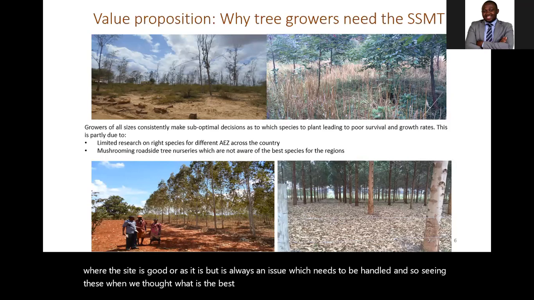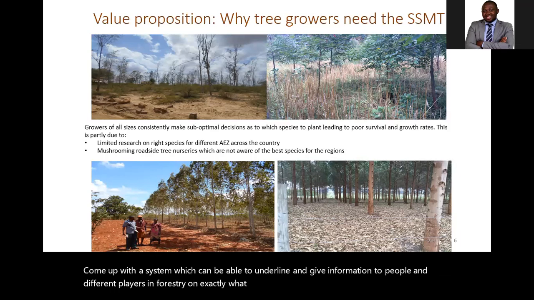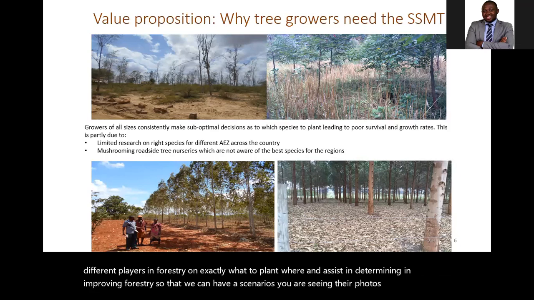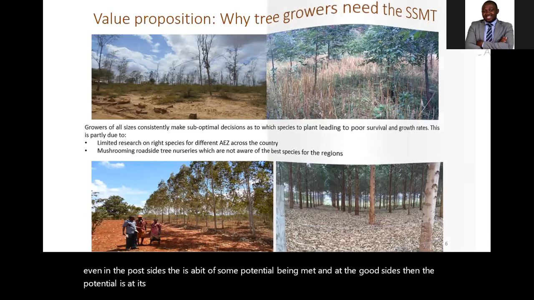And we decided to come up with a system which can handle and give information to people and different players in forestry on exactly what to plant where, and assist in improving forestry, so that we can have a scenario as you are seeing in the photos below, where even in the poor sites there's some potential being met, and at the good sites the potential is at its maximum in terms of productivity.